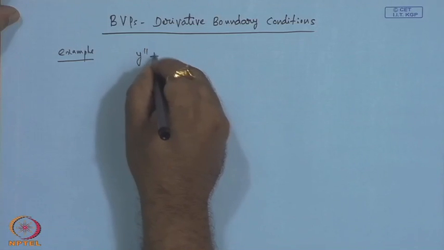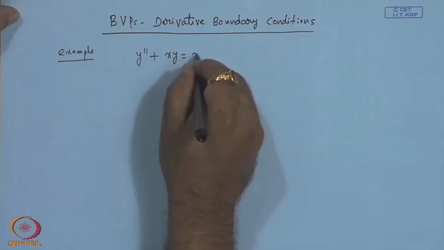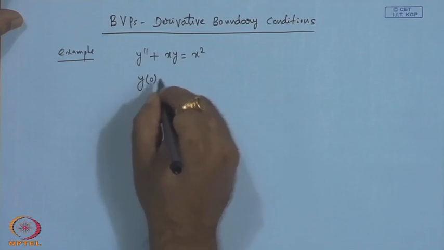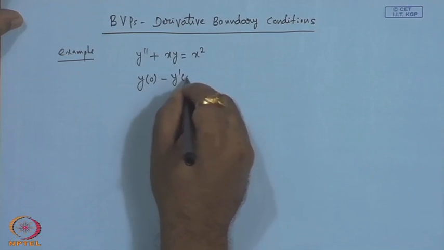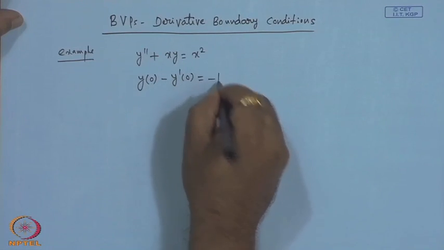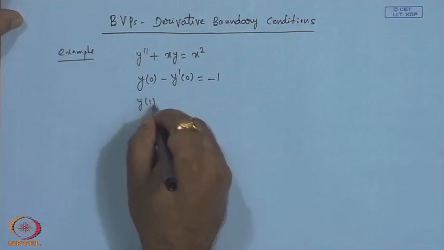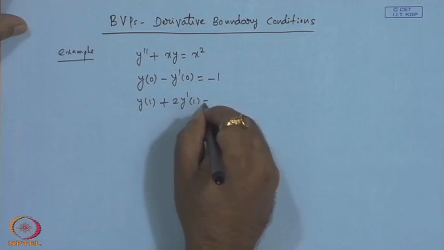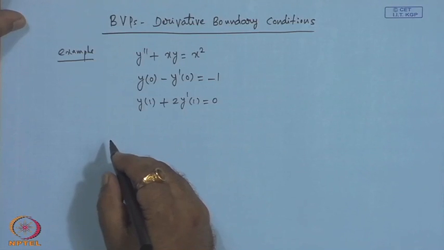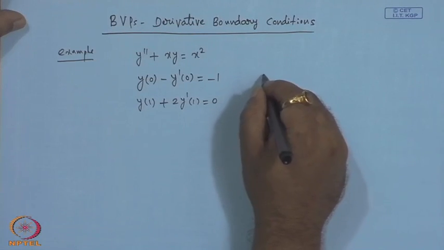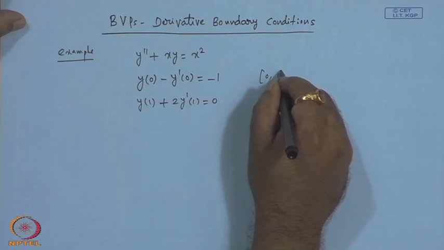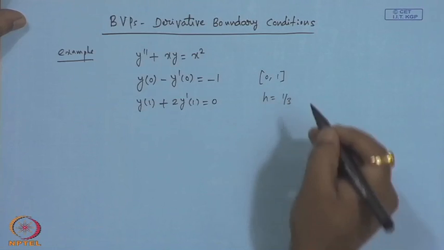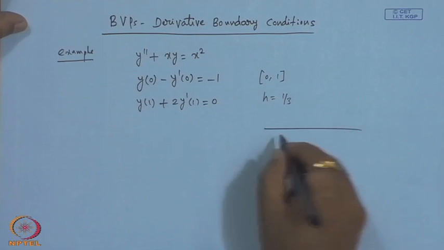Suppose the interval is 0, 1, and h is 1 by 3.